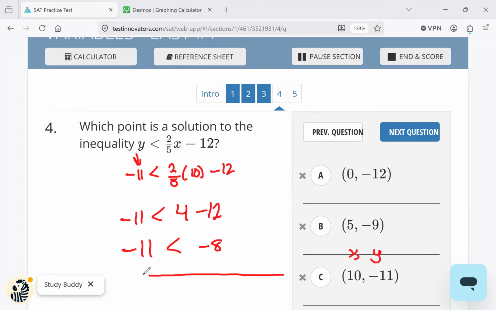So here's -11, and here's -8. Is -11 less than -8? Yes, it is, right? It's true. It's definitely smaller, more negative than -8. So yeah.